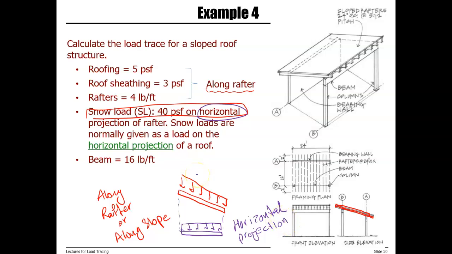So we have along a slope or along rafter, and then some of the forces or loads that we have are on the horizontal projection. So pay attention that snow loads are normally given as a load on horizontal projection of a roof.